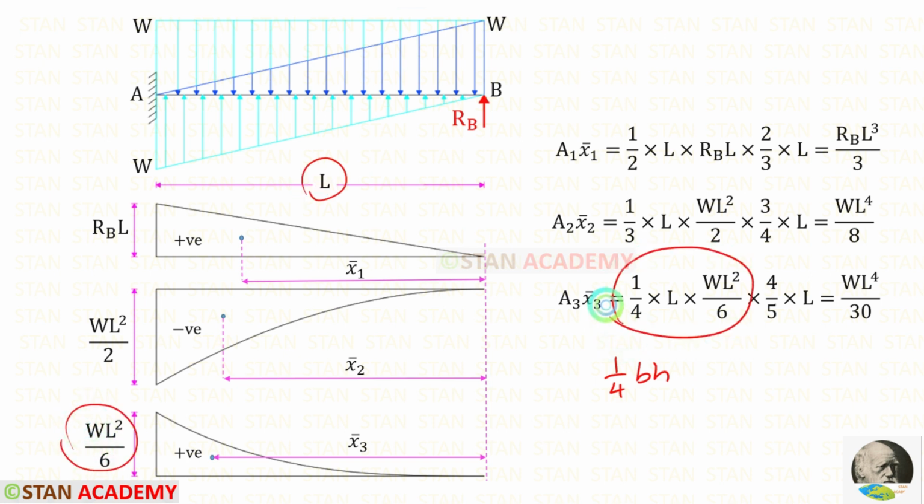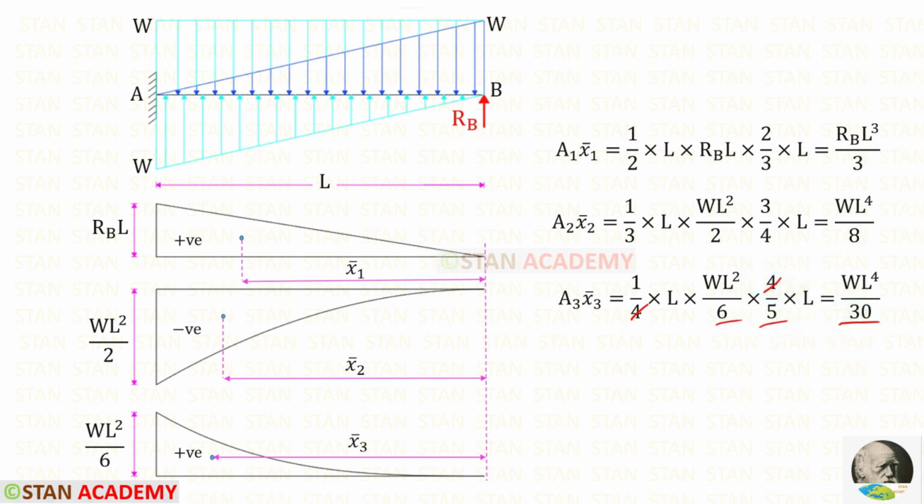So this is the area, and the centroid distance towards the right is 4 upon 5 into B. So 4 upon 5 into L. We can eliminate this 4 and this 4. 6 into 5, it will be 30. L into L square into L, it will be L power 4. For area 3 x3 bar, we will get WL power 4 upon 30.